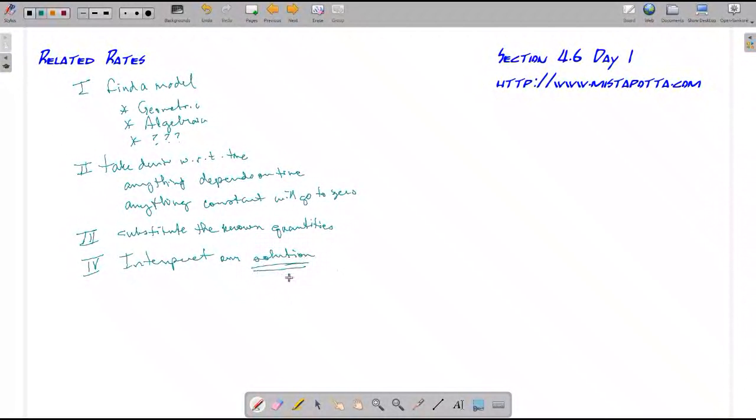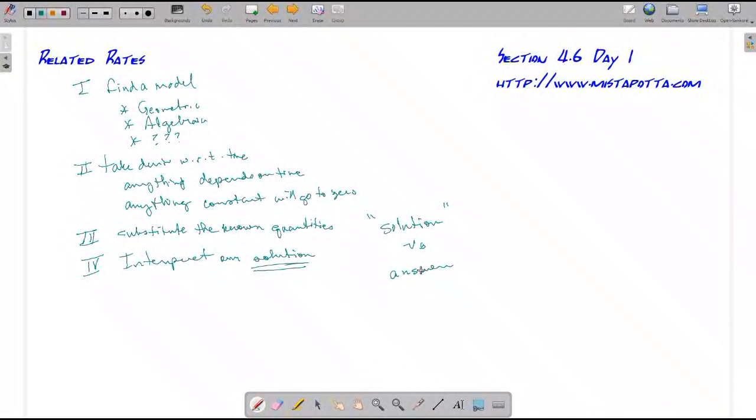Because there's a key difference between knowing what a solution is and what an answer is. A solution is just a solution to an equation. It solves an equation.